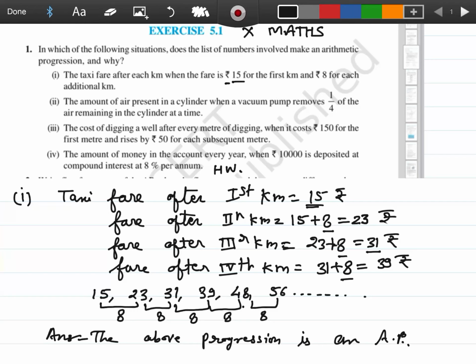Next question: the amount of air present in the cylinder when the vacuum pump removes 1/4 of the air remaining in the cylinder at a time.